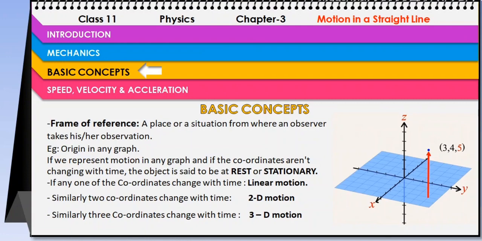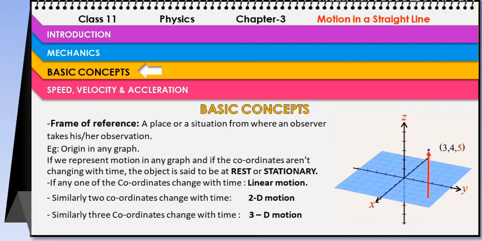Clear? Now, if the same bag is observed by a person who is standing at the stationary platform, how shall the bag appear? The bag along with the train will appear to be moving, right? So the bag is same, but if you change the place of observation, the type of motion will be different. For a passenger, the bag is stationary.